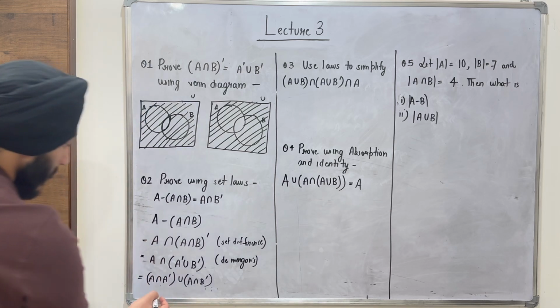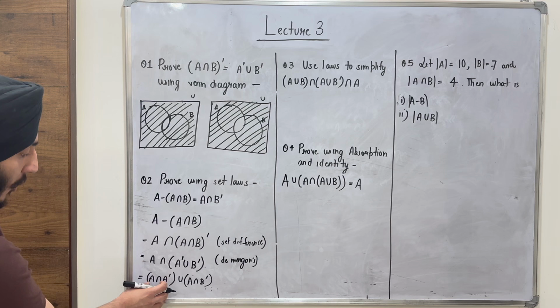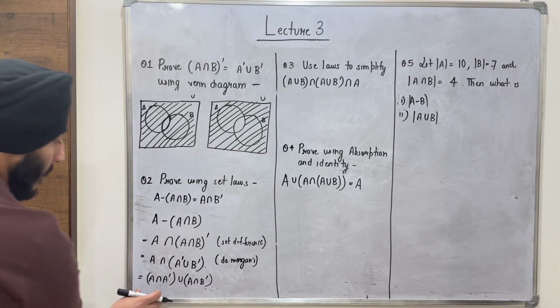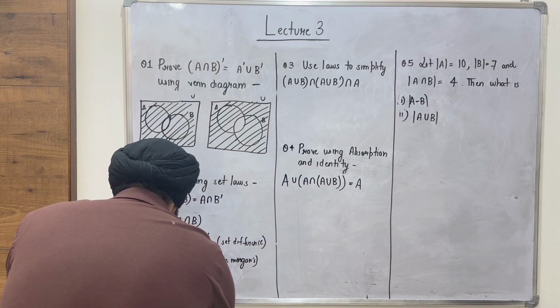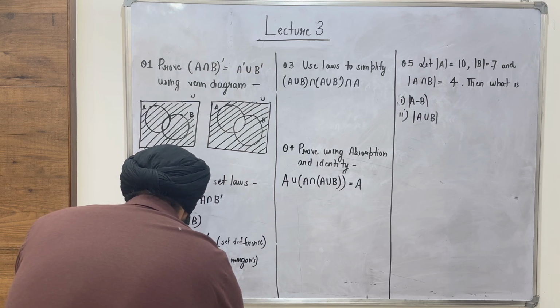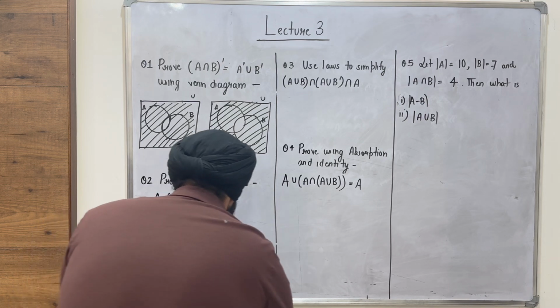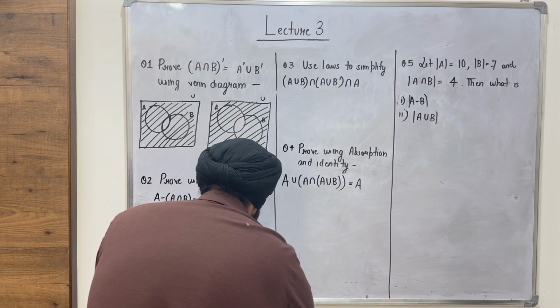Now, if you remember from the laws, we know that A intersection A complement is basically just the empty set, and that is a part of the complement laws that we covered. So this is equal to the empty set union A intersection B complement over here.